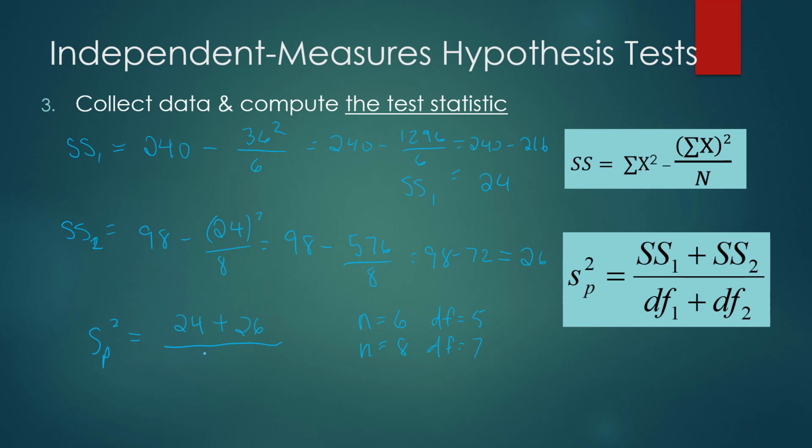So we put that 5 plus 7 here, and we calculate this, over 12. And our pooled variance then is 4.167.